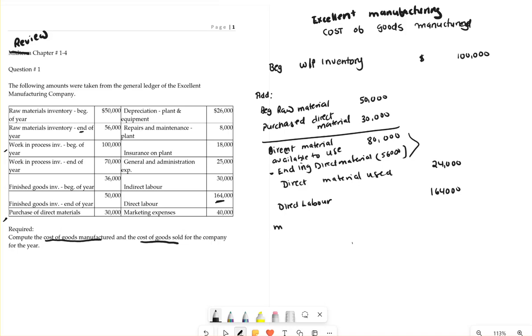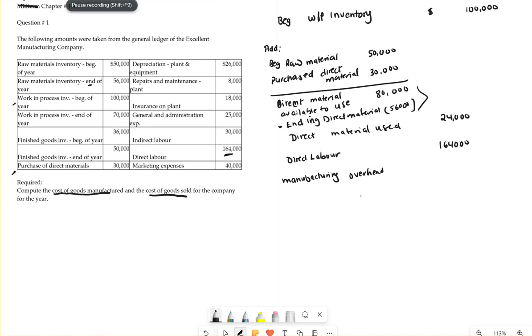Now we go to our heading, manufacturing overhead. Anything that is related to the manufacturing will come in here. We have depreciation on plant and equipment, which is 26,000.